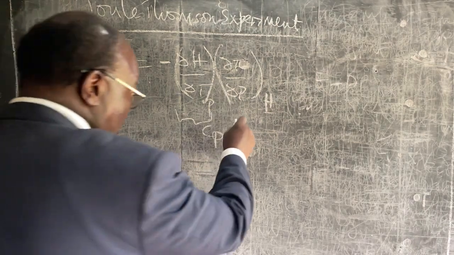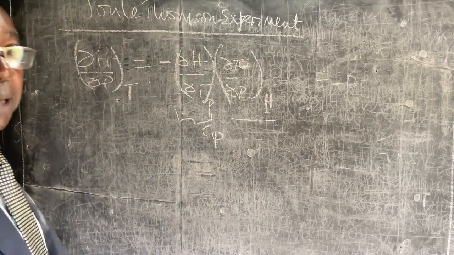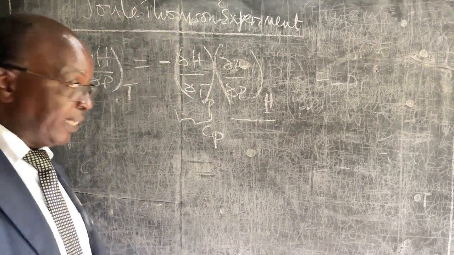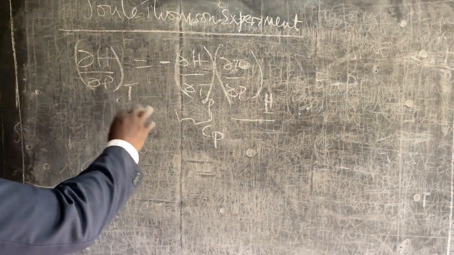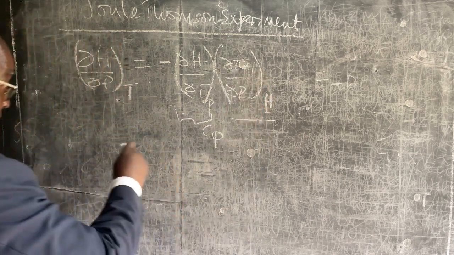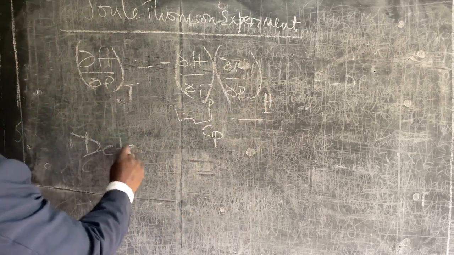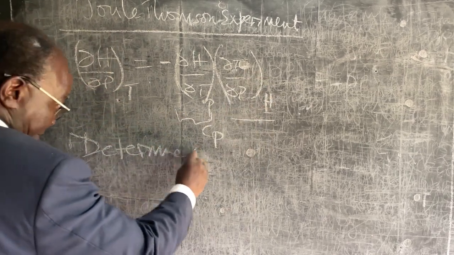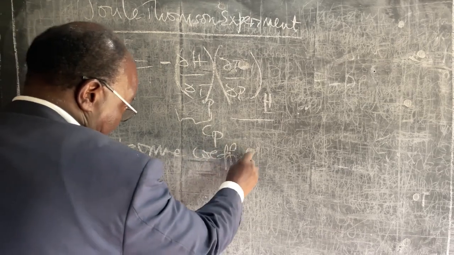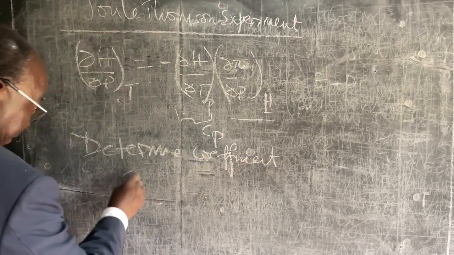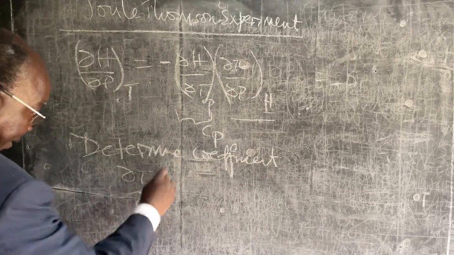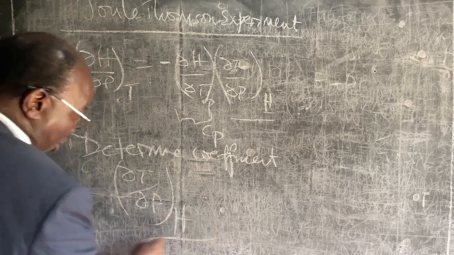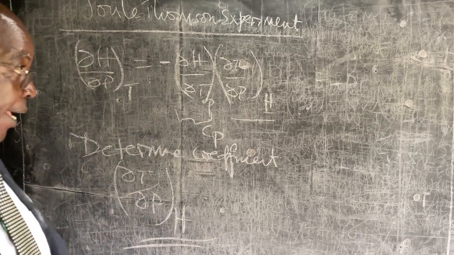And so, how do we determine that coefficient empirically, that is, experimentally? Determining the coefficient del T, del P of H is the basis of the Joule-Thomson experiment.